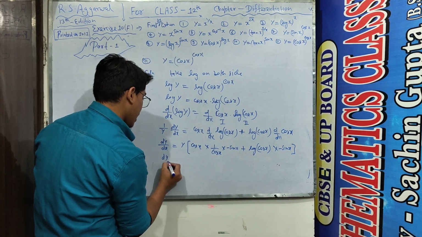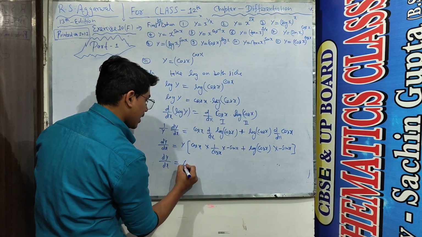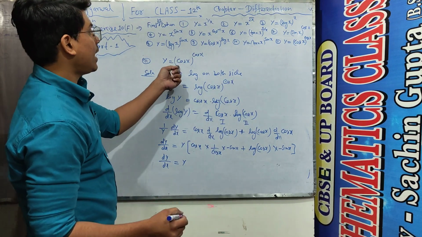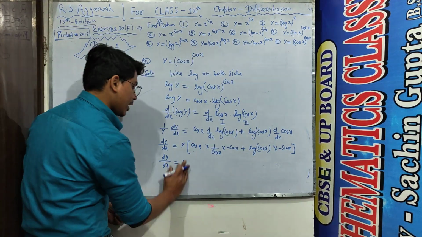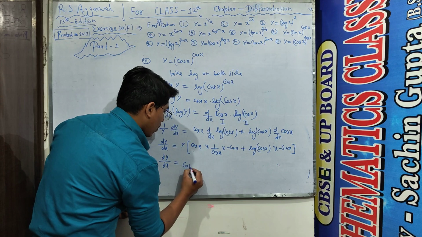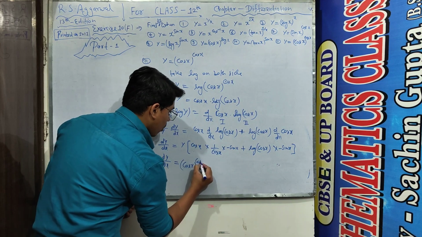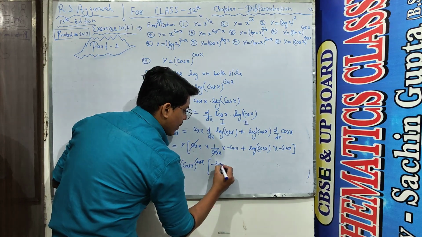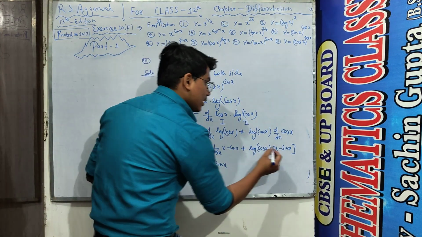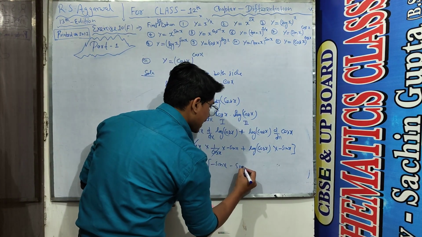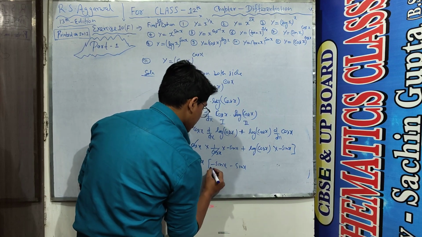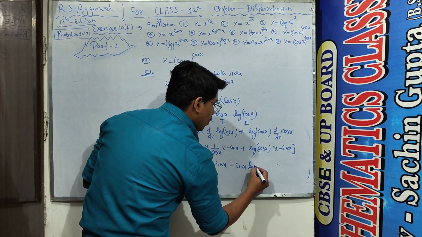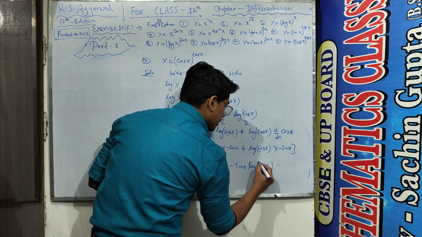And we write dy by dx again, and the value of y can be written as (cos x) whole power cos x. So I write here (cos x) whole power cos x, and this cos gets cancelled, so only sin x remains, and this also comes as sin x in the minus here, and log cos x I write as it is.